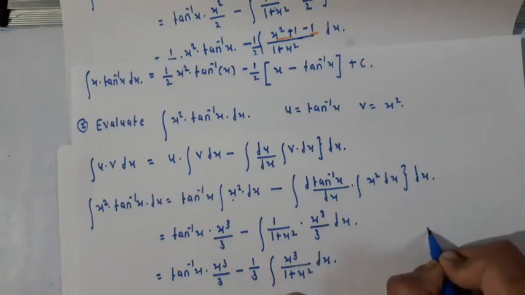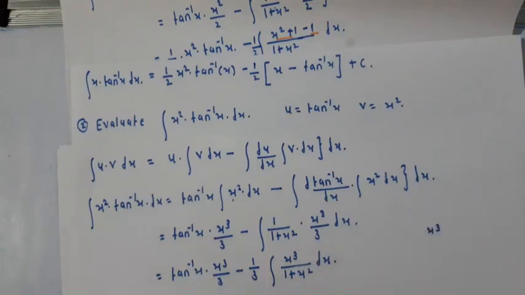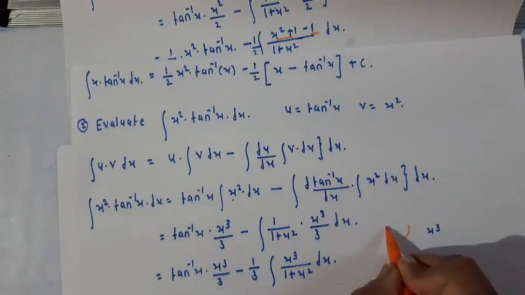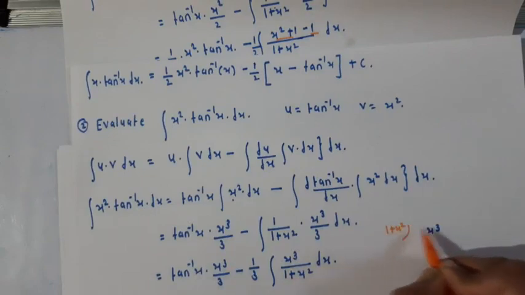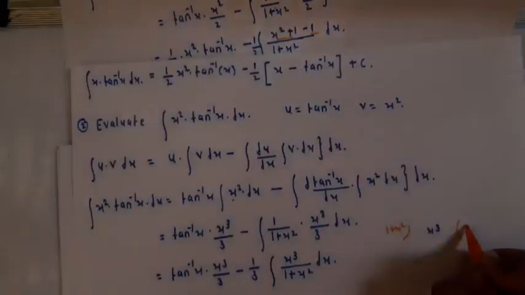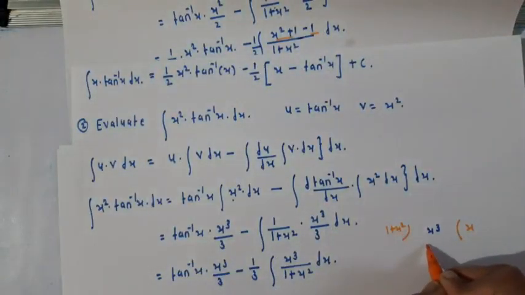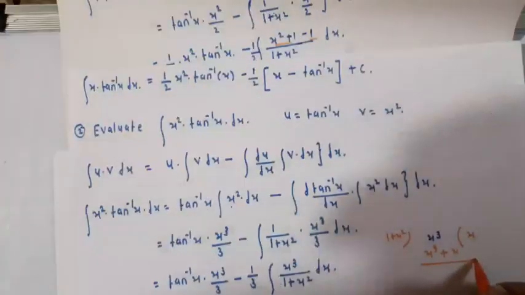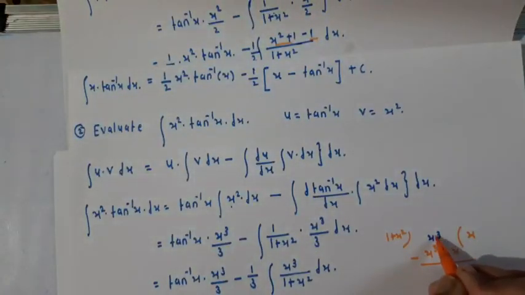That is x raised to 3 divided by 1 plus x square, and this is equal to x. X into x square is x raised to 3 plus x, and now the subtraction: x raised to 3 minus x raised to 3 is 0, this is minus x, and the remainder is minus x.